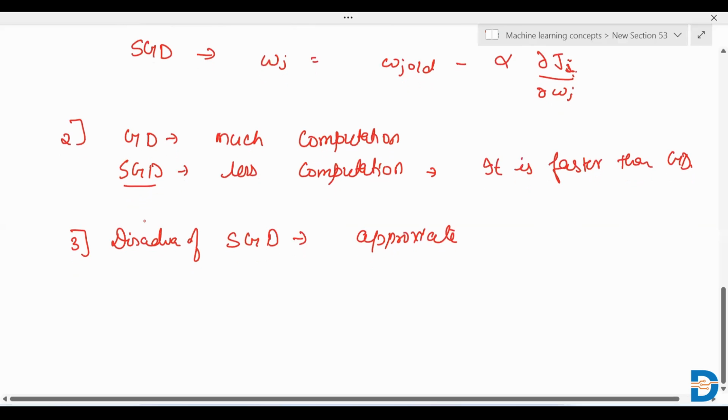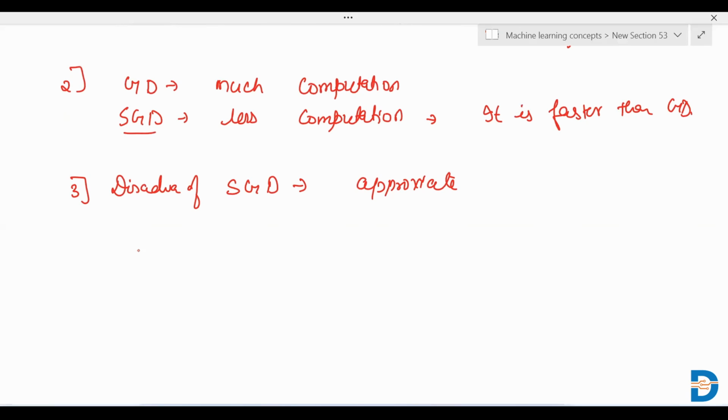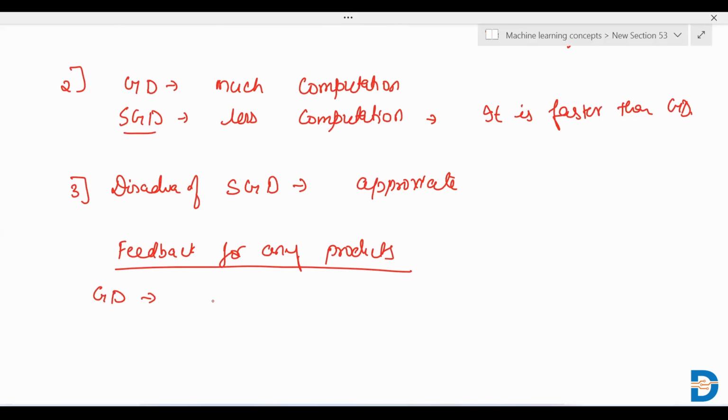Let's understand GD and SGD with a real-time example. For example, we want to take feedback from customers for a product. You have so many customers for that. In GD, we take the feedback from all the customers and update the product after taking feedback from all customers.